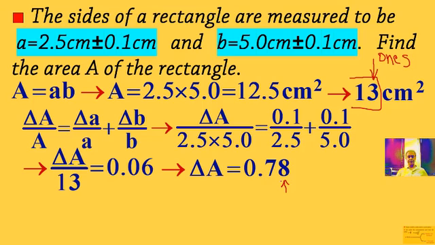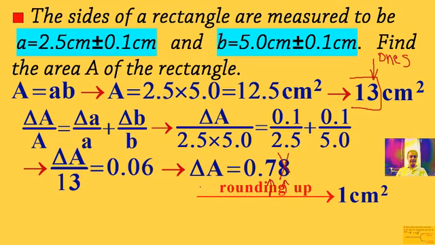It's not accepted. The whole number should be rounded up to reach the order of ones. So ignore the 8 and concentrate on 7 in the order of tenths. 7 is greater than 5. It's rounded up to 1. And so delta A is equal to 1 centimeter squared.